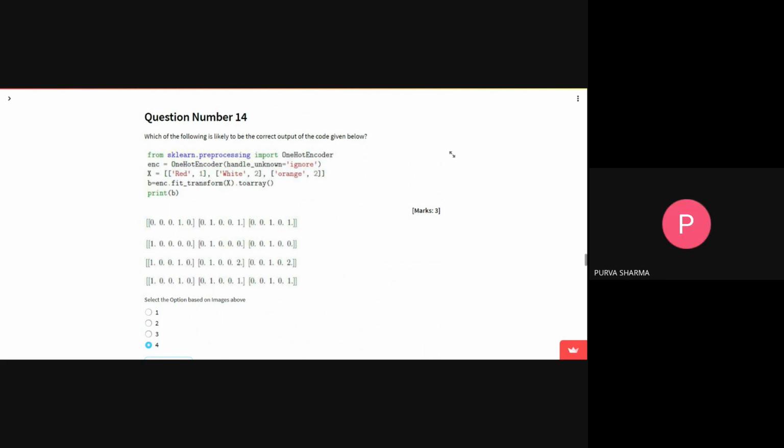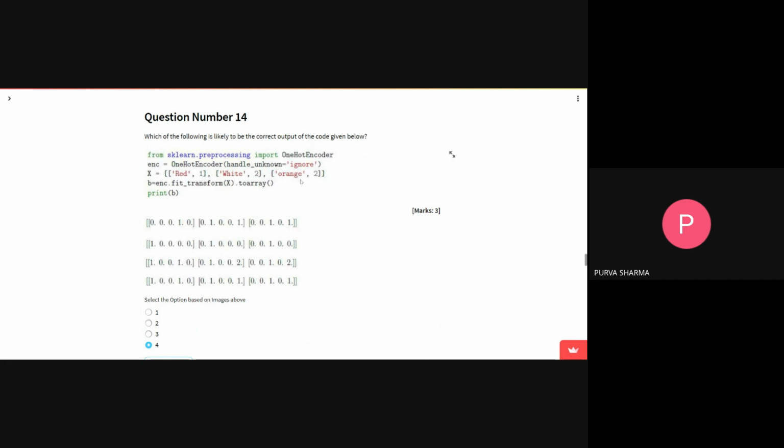See, the first question is why are we using 1 and 2 as categories? Because nothing is specified here. We have not specified anything. We're using one hot encoder on the entire X vector, correct? So we will consider 1, 2 and 2 as categories.